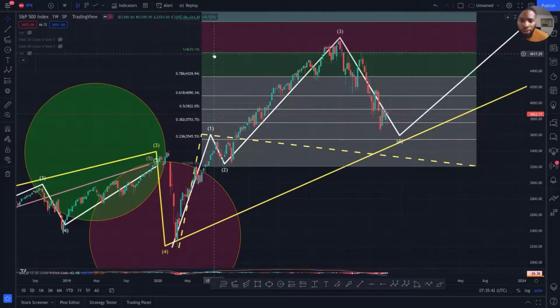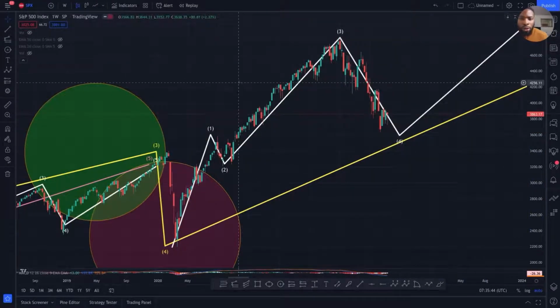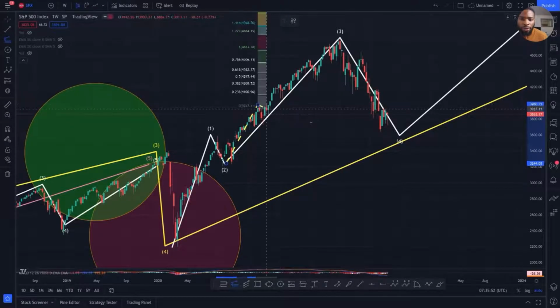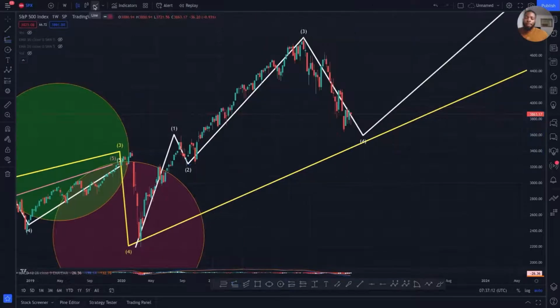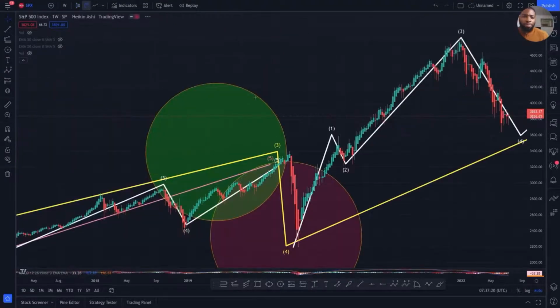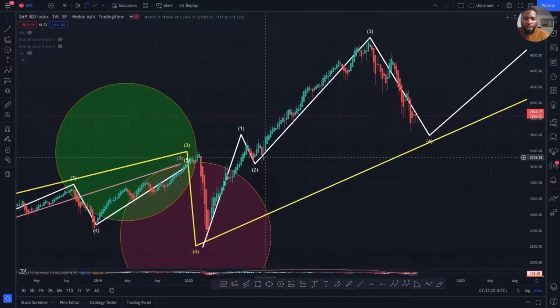So if I get my extension tool also, I could see the first wave here and the retracement. This is how I analyze the market structure. Since I can't see the candlesticks properly, I can make use of the Heikin-Ashi candlestick to see the candlesticks properly. And already I can see that this is the first wave.